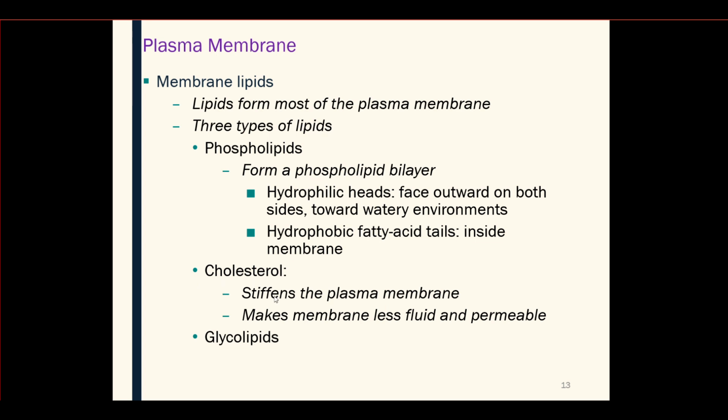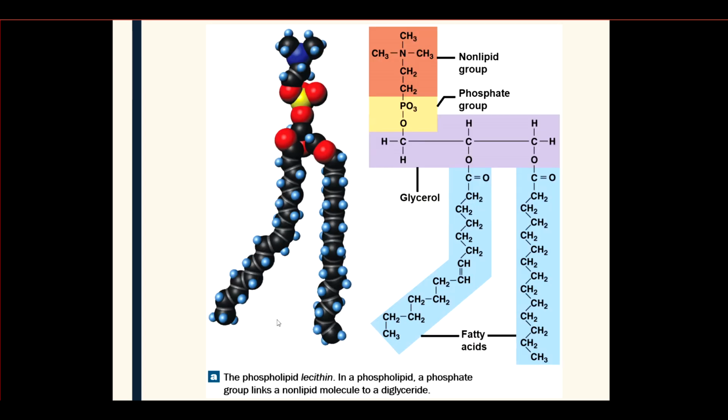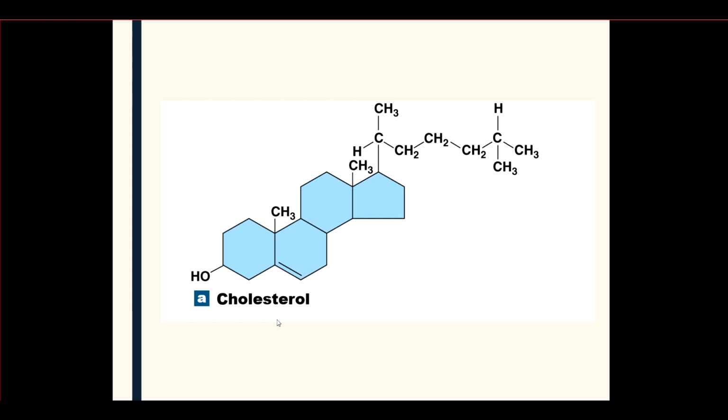Its job is to stiffen the cell membrane, give it more support, and also make it less fluid-like and less permeable. Permeable would be like leaky. We don't want it to be too leaky. And then also there are glycolipids. So phospholipid, just a review. Cholesterol, which is a type of steroid, we know that by 1, 2, 3, 4 rings.